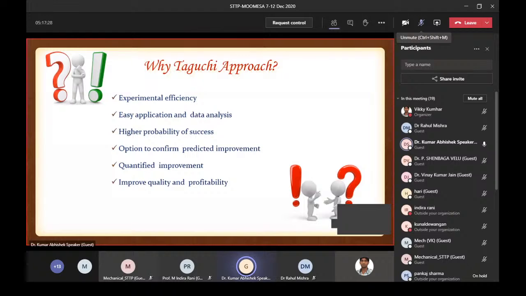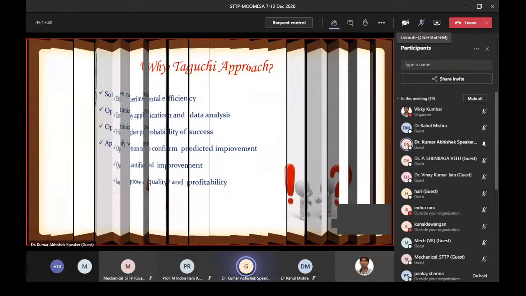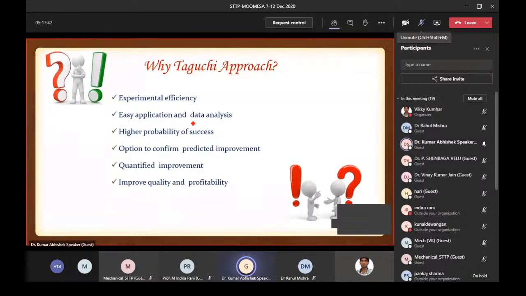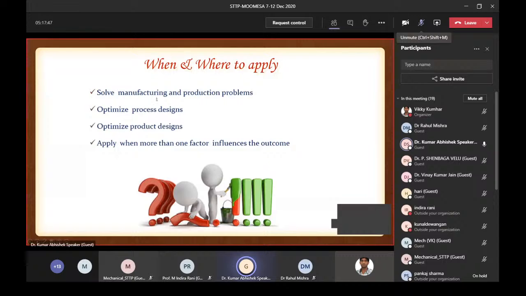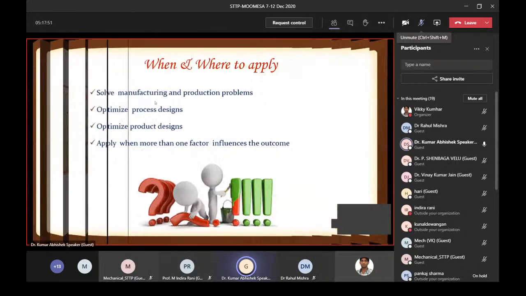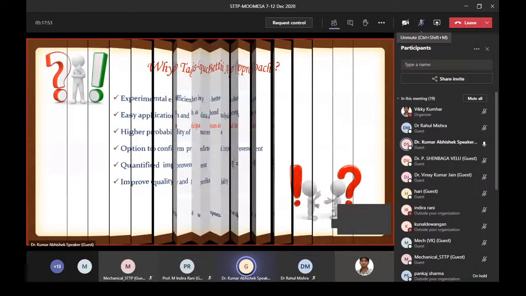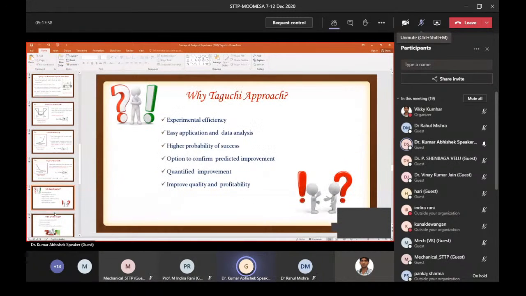So why should we use the Taguchi approach? Because of the experimental efficiency, as I have said, it is going to reduce the number of experiments.